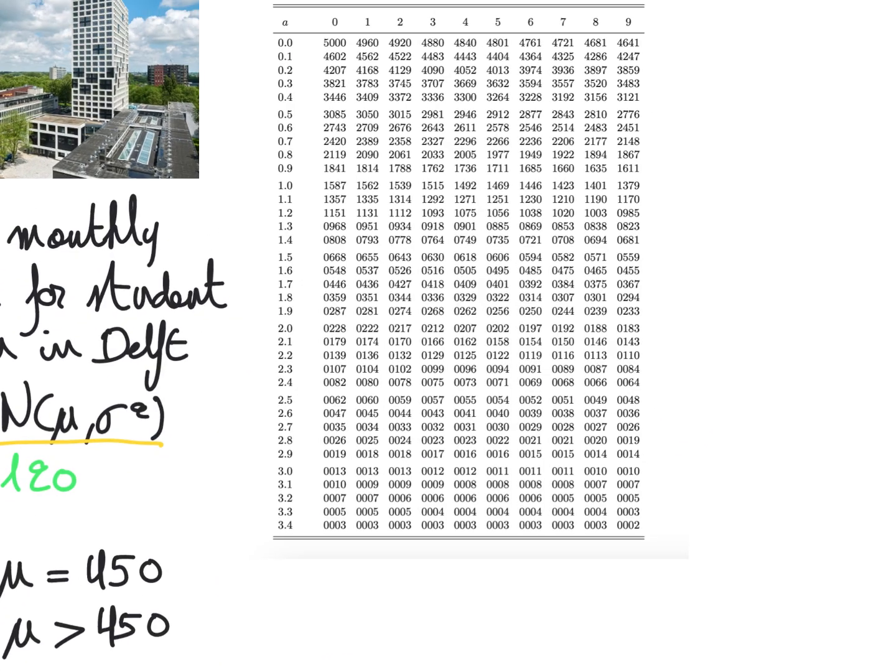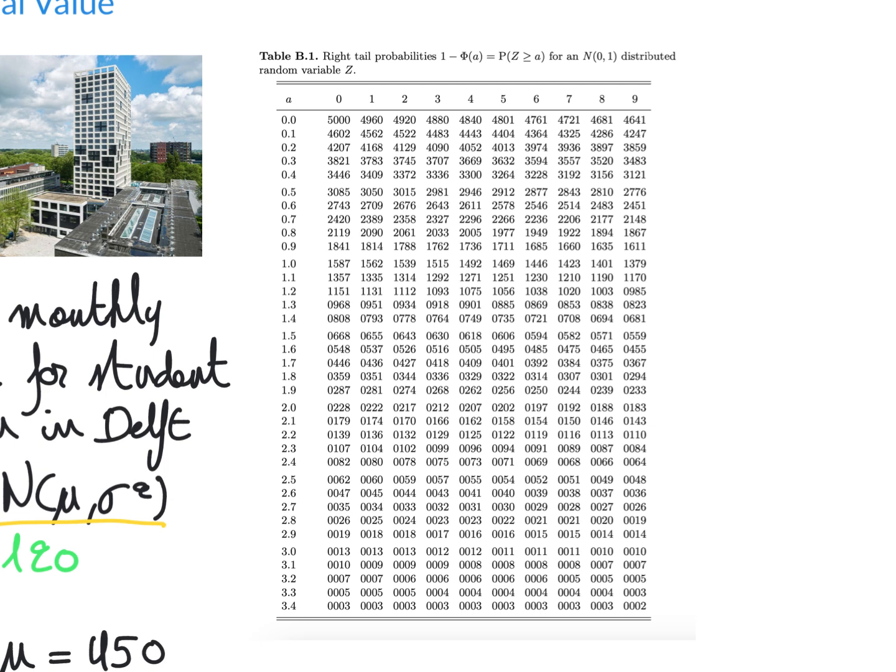Let's take a look at our standard normal table. So remember that the numbers that you see right here are in fact the decimal numbers of the various probabilities. Well, in this case, our alpha was 0.01. So in our table, we're looking for 0.0100. Now, if you look very closely, you see that this exact value is not in the table, but the value that we can find that is closest is this 0.0099. So 0.0100 is not exactly in it, but this one is the closest to it.